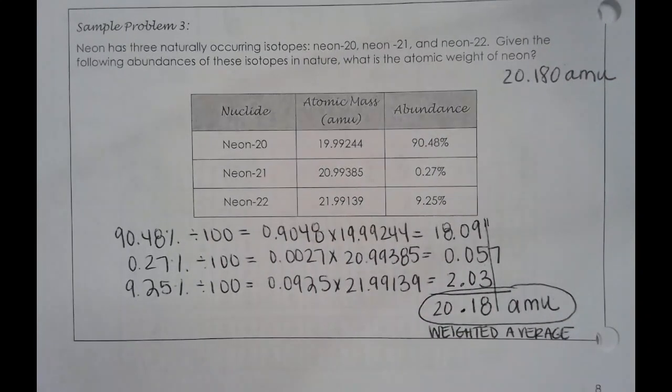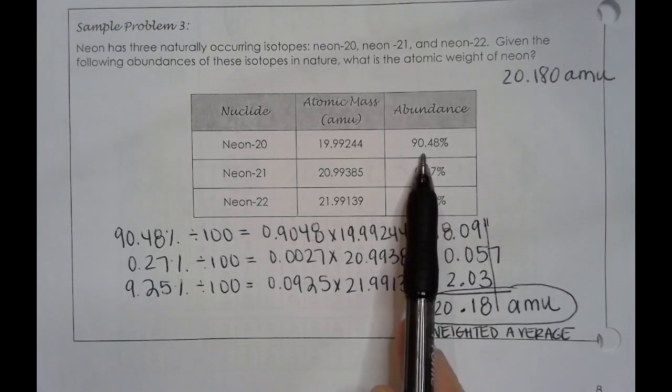And just by looking at the percent abundances, you should be able to determine which nuclide is going to be most abundant, what your weighted average is going to be closest to. If I look, most of my neon is neon 20, almost 91%.